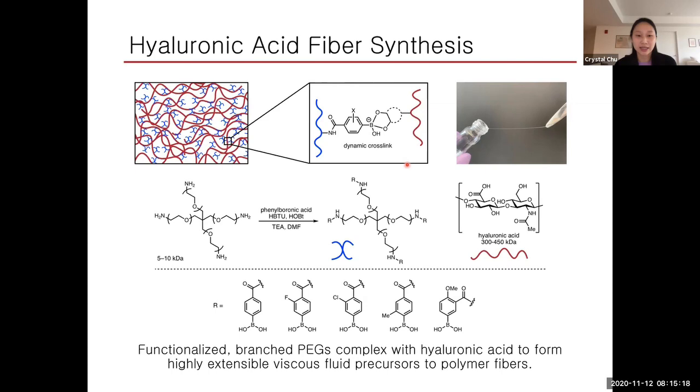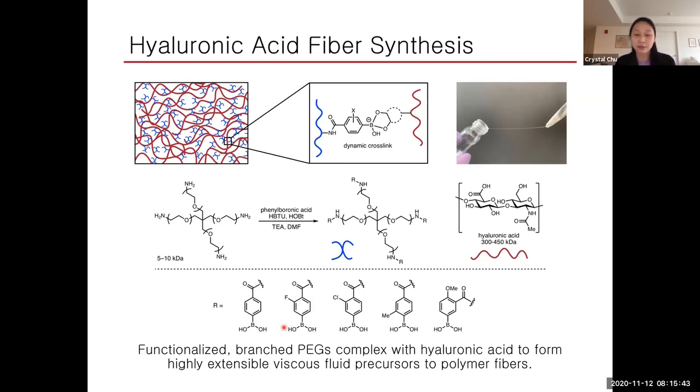Okay, so I was really interested in how different chemical modifications near the site of cross-linking could affect the propensity for fiber formation. Basically, when can we make a fluid that wants to draw fibers, and when do we make a fluid that doesn't want to draw fibers?